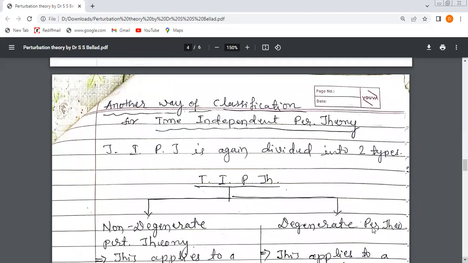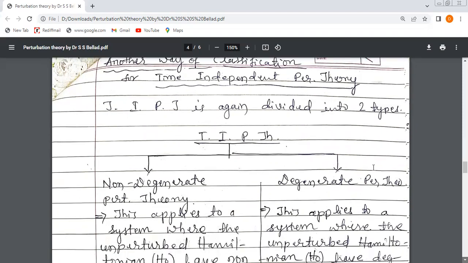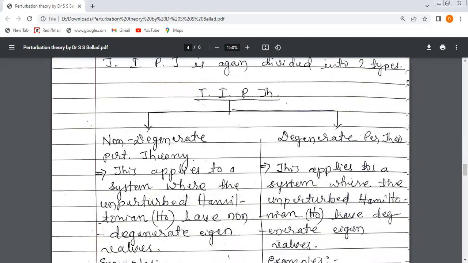So there is another way of classification for time independent perturbation theory. This time independent perturbation theory is again subdivided into two types. Two cases arise here.